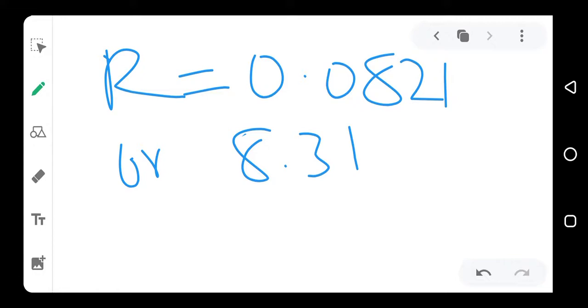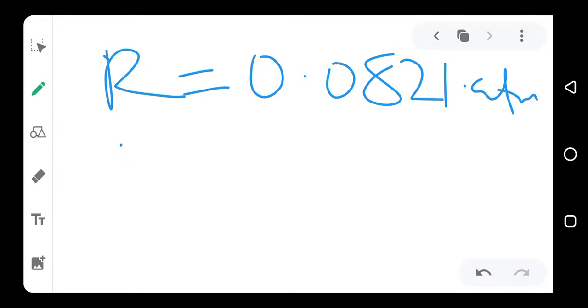Now we have different places that we can use this constant. There's a time we can use it as 0.0821 and a time we can use it as 8.31. Now the unit for this one is ATM dm cube per Kelvin per mole.